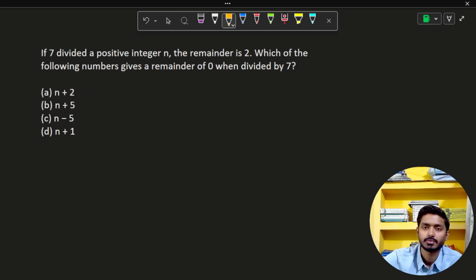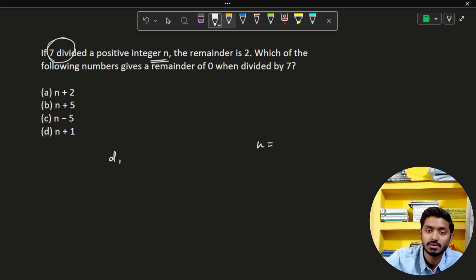Next question. Slightly tricky, but based on the same concept. It says 7 divided a positive integer n. So our number is n and is divided by the first divisor, which is 7. Which one of the following numbers gives a remainder 0 when divided by 7? The second divisor as well is 7. Obviously it is a multiple.